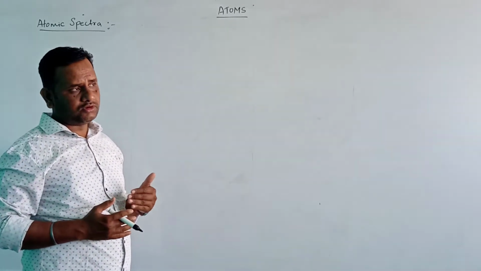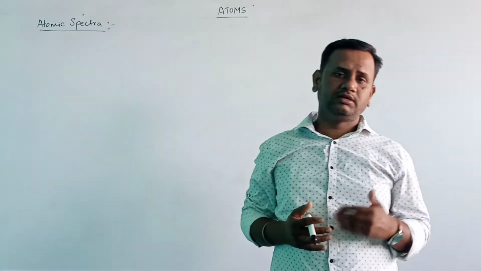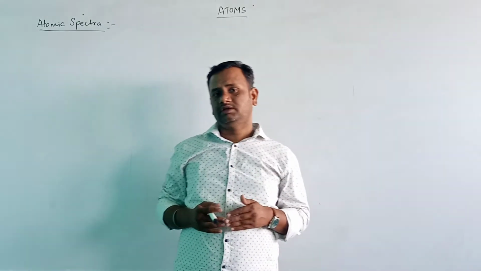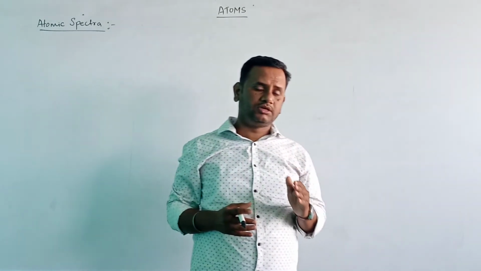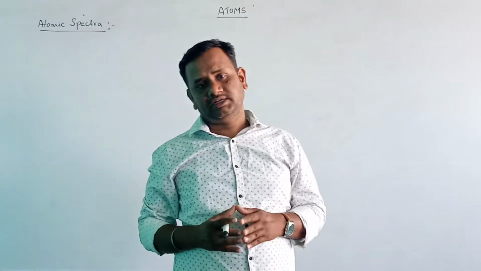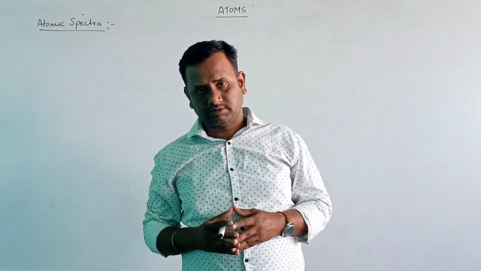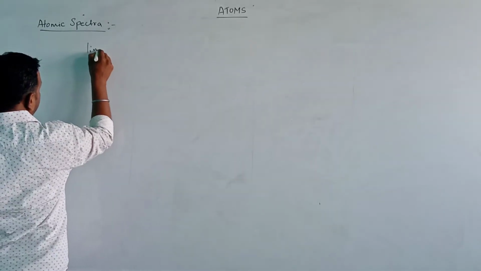Each element has a characteristic spectrum of radiation. Such an emission spectrum is called a line emission spectrum.